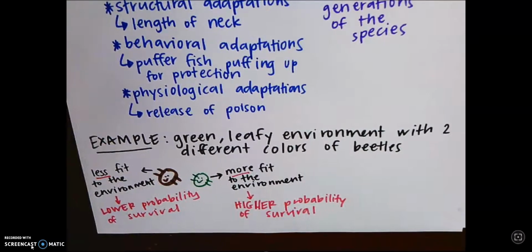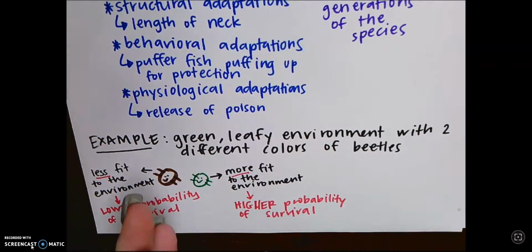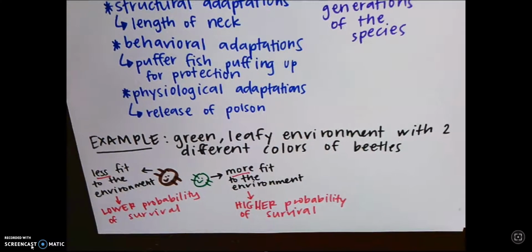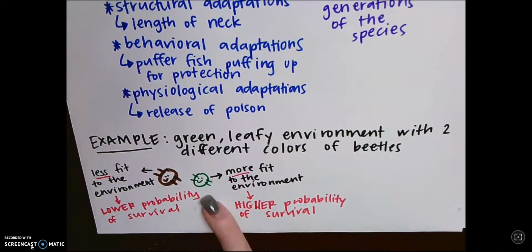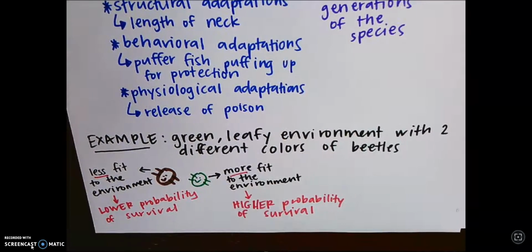So what does that mean? If I were to have the same number of beetles at the beginning of my study and I were to watch them over many generations, I'm going to begin to see that this heritable trait of green color is going to become more prominent. I'm going to see more of them and less of the brown beetles. As this trait is going to be more fit, it's going to allow them to survive long enough to pass their traits on. And so more and more of the beetles are going to begin to look like that more fit trait.